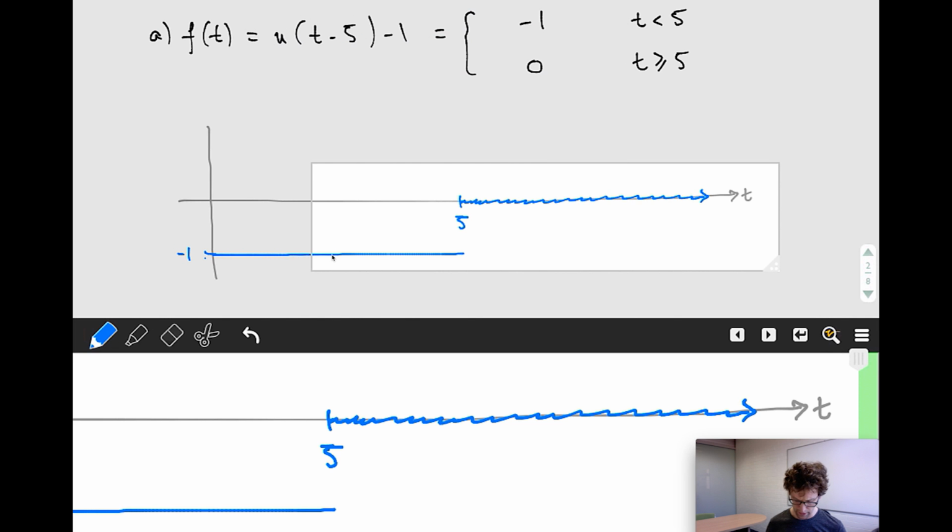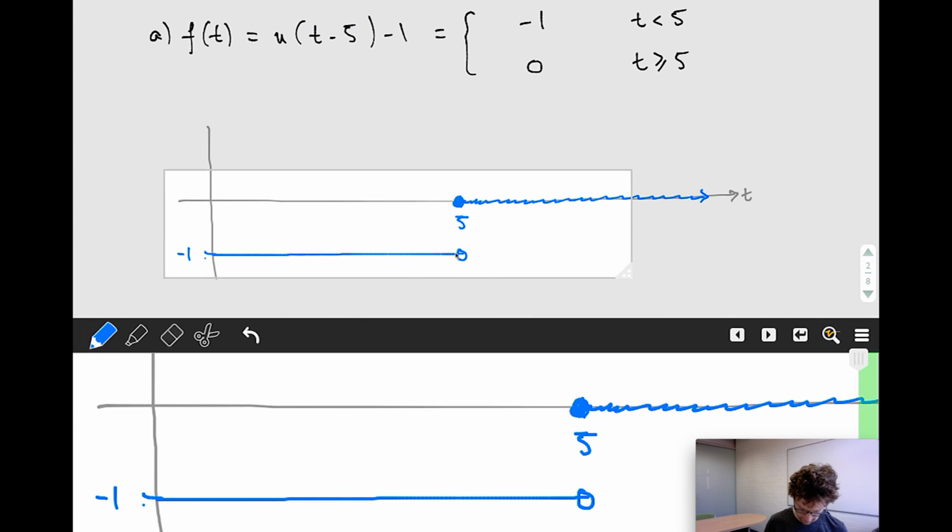Now again, as always, we need to say what's happening at the discontinuity. And we can see from our piecewise continuous definition of our function that the value t less than 5 is not included. So approaching from the left-hand side, this is not included, and approaching from the right-hand side is included.